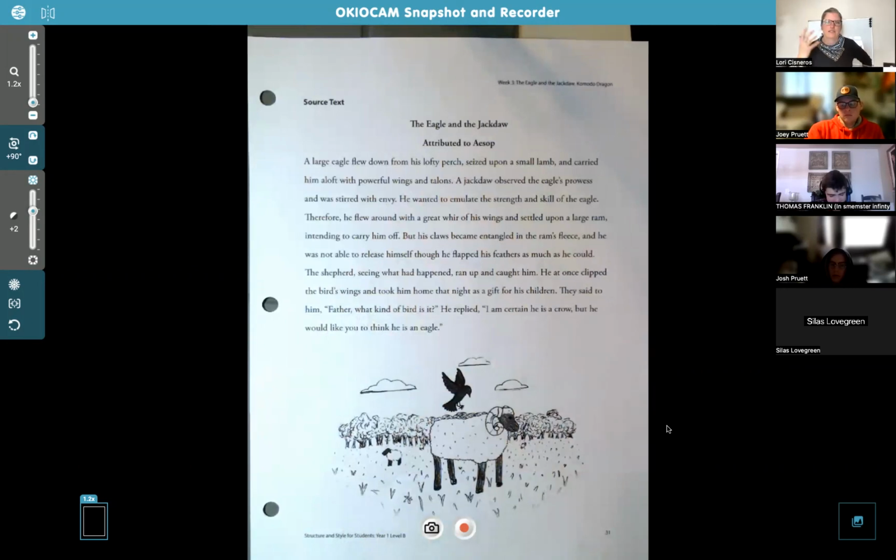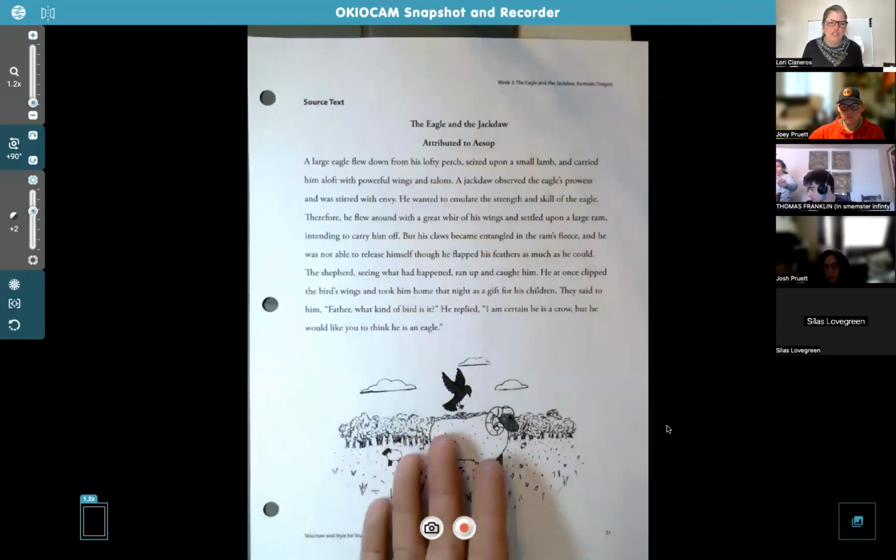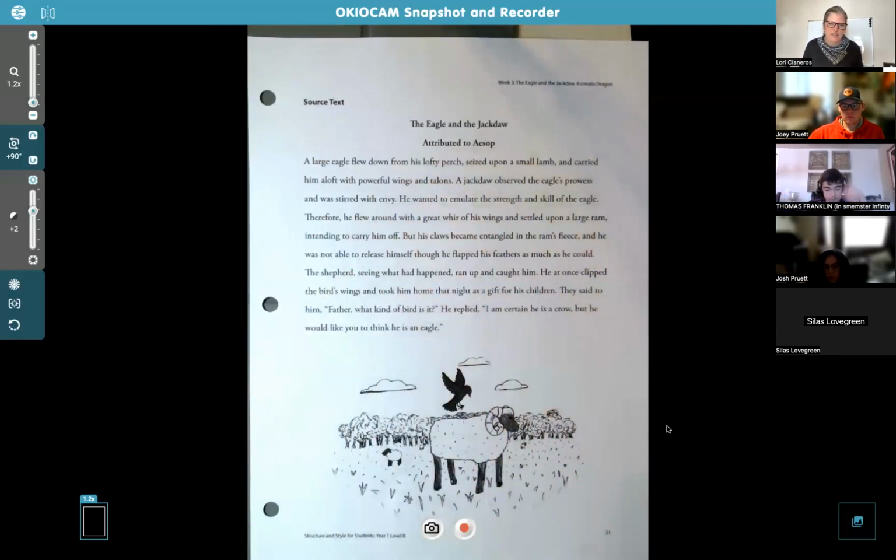Okay, possibly. But remember, he wanted to be like the eagle. He was envious, right? And so he tried to act like the eagle, and he got himself in trouble. Basically, he was tangled up in the wool, I can imagine it being like flap, flap, flap, and it can't get away. And poor Ram is probably running around going, "Get this thing off my back." But he got himself in trouble trying to be like somebody else. And so he couldn't be like the eagle.